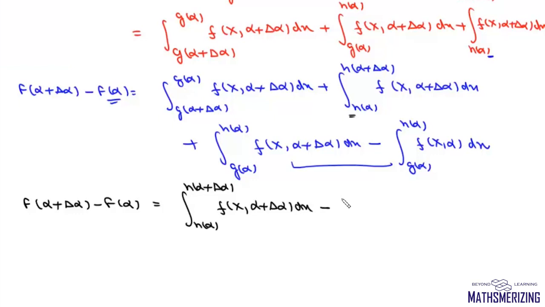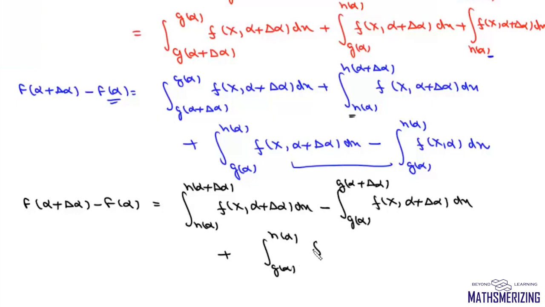So I'll write minus the integral from g alpha to g alpha plus delta alpha of f(x, alpha plus delta alpha) dx, and then plus this integral from g alpha to h alpha of f(x, alpha plus delta alpha) minus f(x, alpha) into dx, and we'll divide everything by delta alpha.